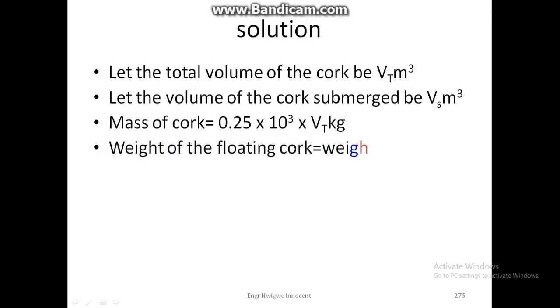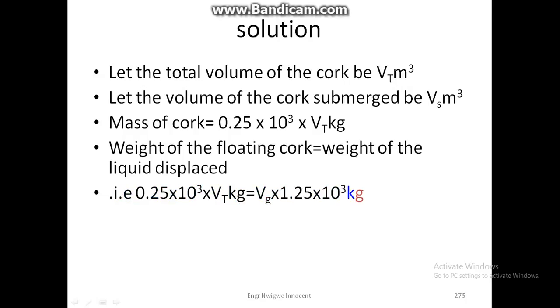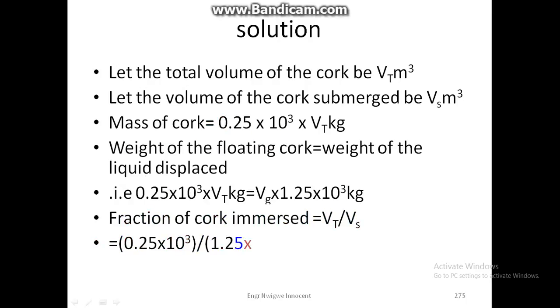Weight of the floating cork equals weight of the liquid displaced, that is 0.25 times 10 raised to power 3 times Vt equals Vs times g times 1.25 times 10 raised to power 3. Fraction of the cork immersed equals Vs over Vt, which is 0.25 times 10 raised to power 3 divided by 1.25 times 10 raised to power 3, which gives 1 over 5.